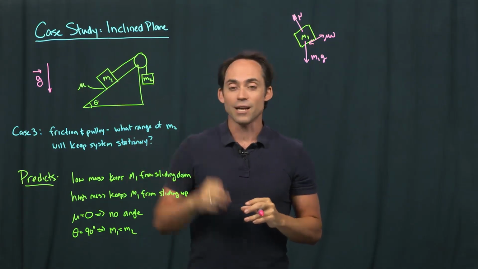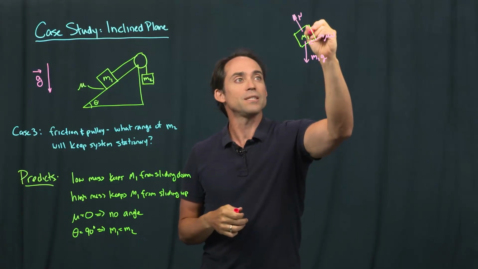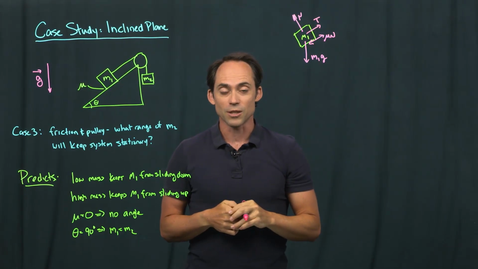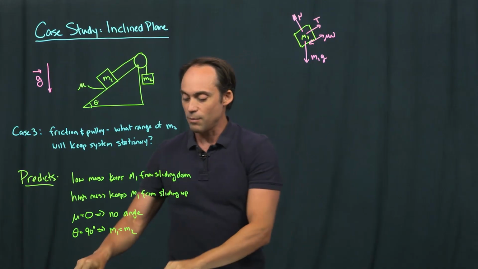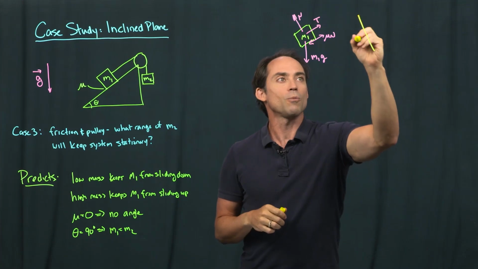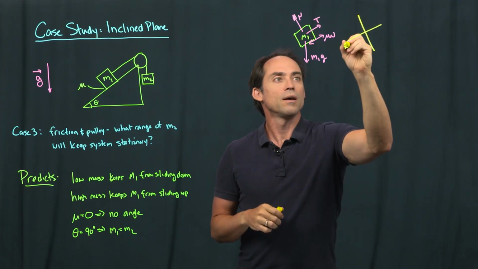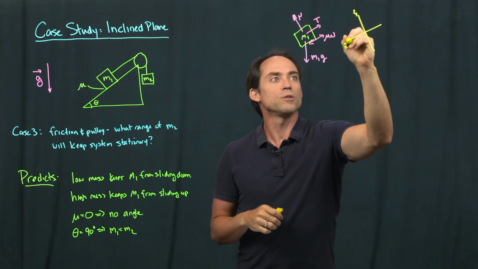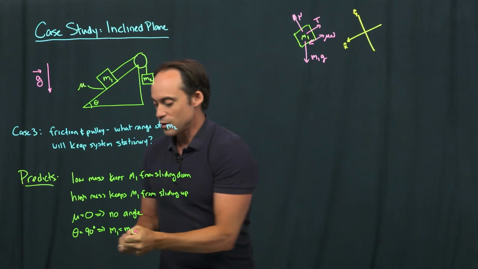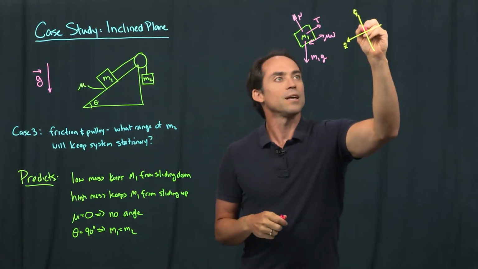We also have a connection point with a string, so there's going to be a tension force that connects that string to the object. Now let's go ahead and break down the components of this force diagram much the same way we've been doing, because most of our forces are aligned with this tilted rectangular coordinate system. So most of our forces are going to be exactly the same.